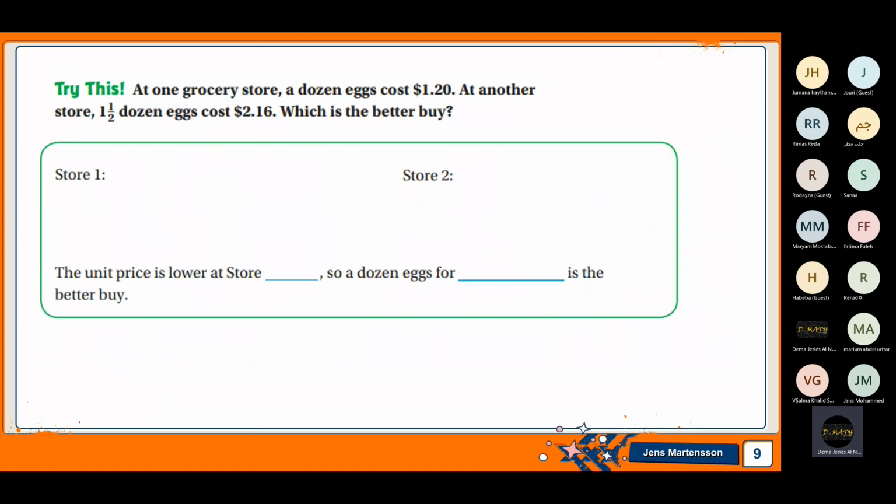Who wants to answer with me? Me, teacher, I'm Jana. Yes, Jana. Store 1, at the first grocery, 1 dozen eggs cost $1.20. How do you write the rate?